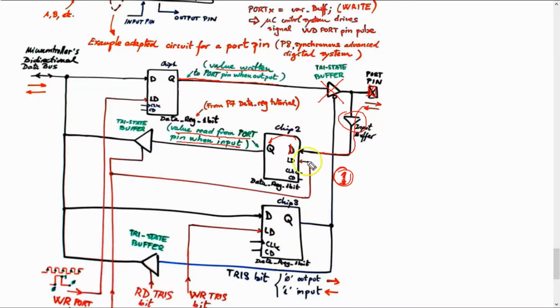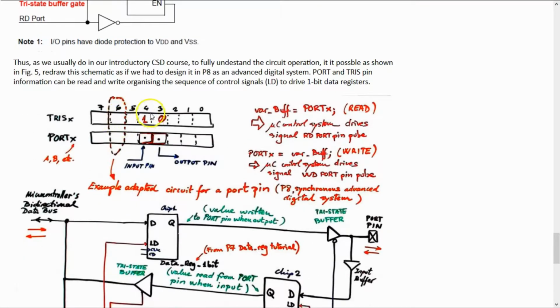So this flip-flop, the one that we call chip 3, is nothing but what you have seen above, like in this tree. So this is in some way the section of the TRIS bit and the port bit, the port and the TRIS bit below.